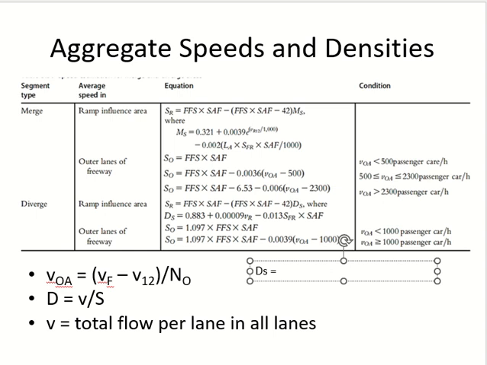SFR means free flow speed of the ramp, which is 35 miles per hour, given. VR, you already know. And what else? Per lane volume for the outer lane is 2,700. You know that.